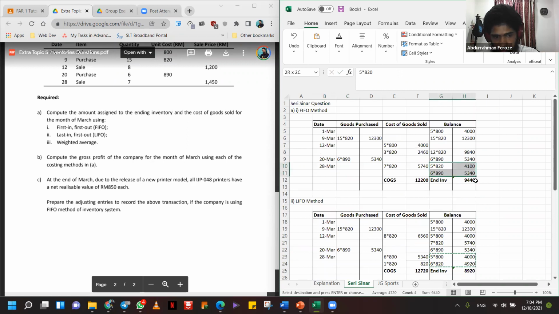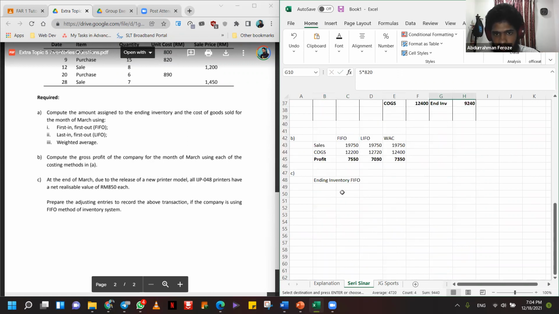We had 5 printers at 820 ringgit, and we had 6 printers at 890 ringgit. So the rule that we need to use here is that we account for whatever is lower between the cost and the net realizable value.